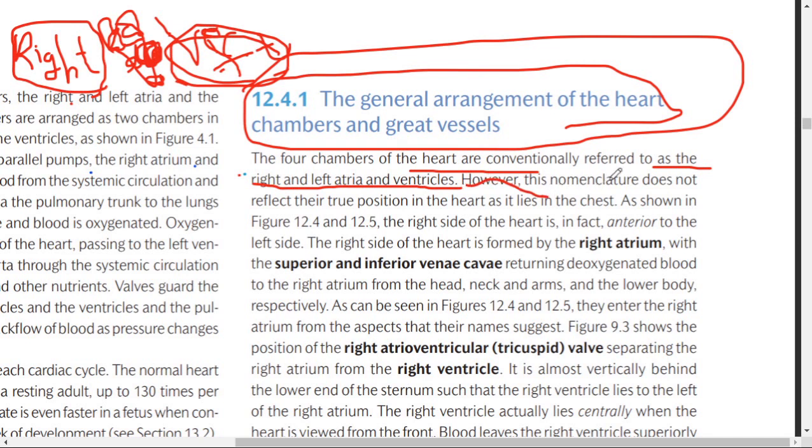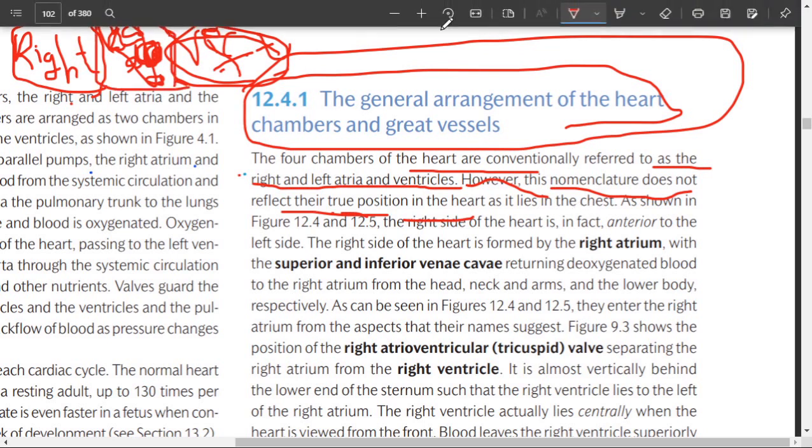However, the nomenclature does not reflect their true position in the heart, as it lies in the chest. Let's change the color.